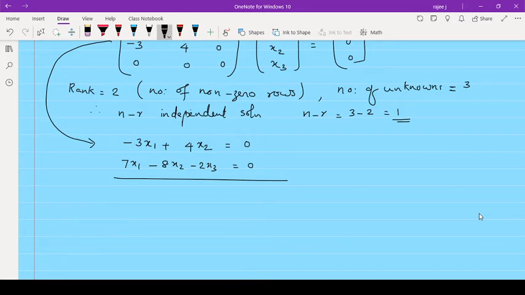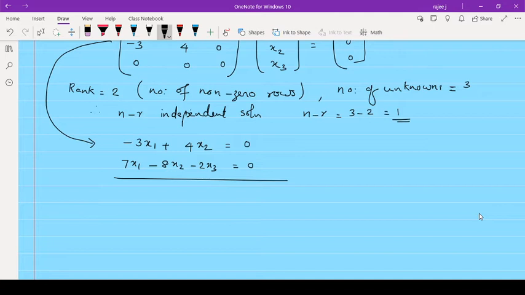That is the reason why we go by this rank method. Now n minus r equals 3 minus 2 equals 1, which means out of x1, x2, x3, any one you like you can give some arbitrary constant t.